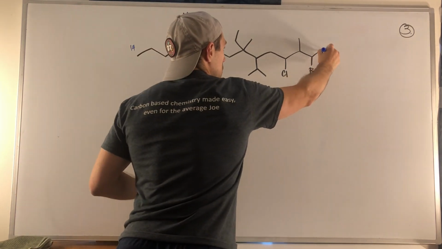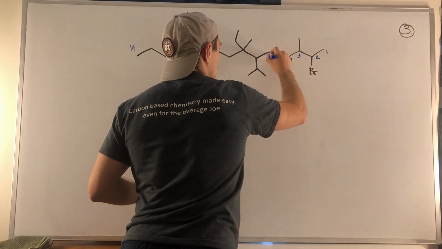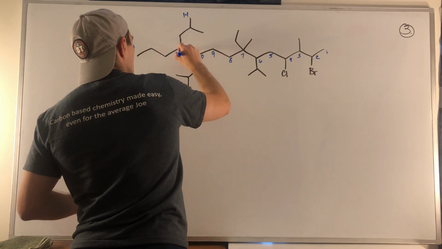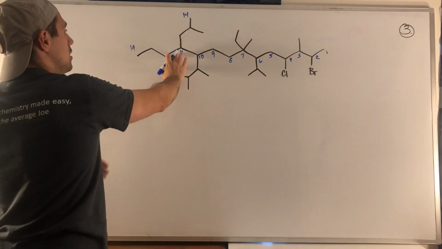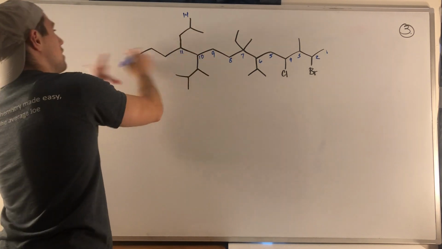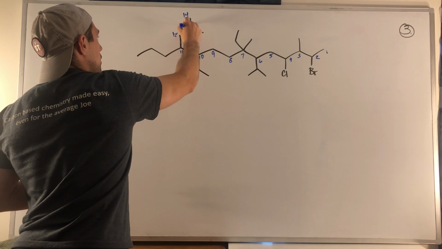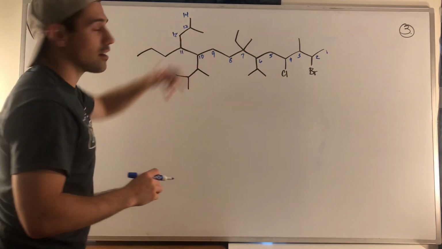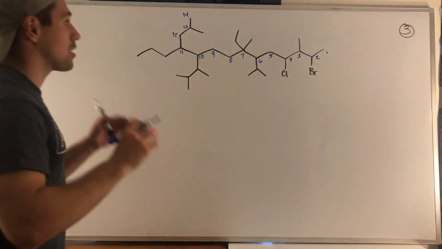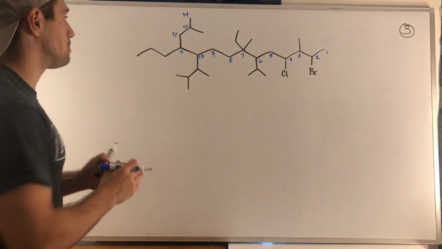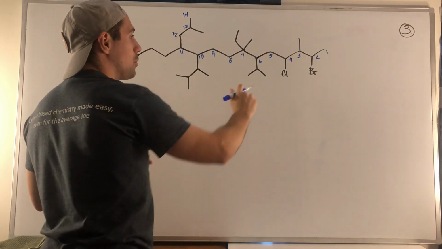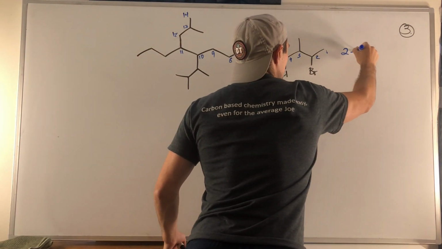So, 1, 2, 3, 4, 5, 6, 7, 8, 9, 10, 11, fork in the road. So the rest of the way there's no branching, and up here we are branching. So goodbye, this route, 11, 12, 13, and it doesn't matter if 14 is there or there, it's the same, okay? So now we are going to name our substituents. So let's start off with 2-bromo. We only have 1 bromine, so 2-bromo.